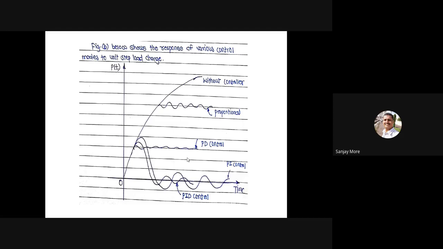Okay, so see the graph, proportional output versus time. So here, with the changing load, the corresponding action of each individual controller, proportional, derivative and integral, takes a different action or motion.